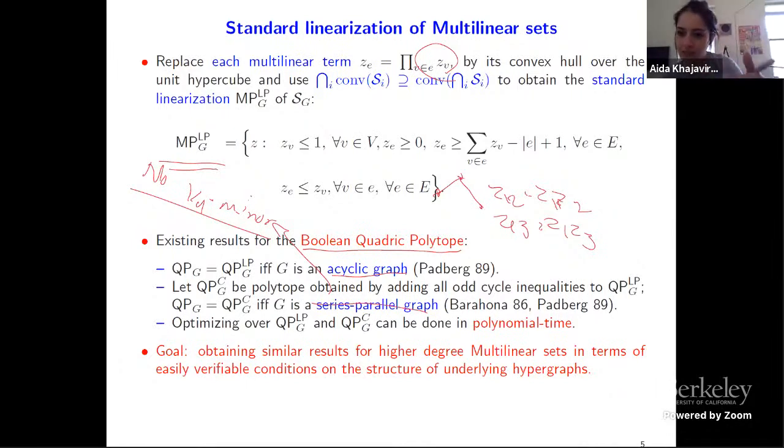The difference between this type of study and ours is that whatever we do is in the original space. The inequalities are generated in the original space. Of course, we use Sherali-Adams a lot: we come up with these inequalities in the original space, and then we argue that if you add them to the standard linearization, you get the convex hull.